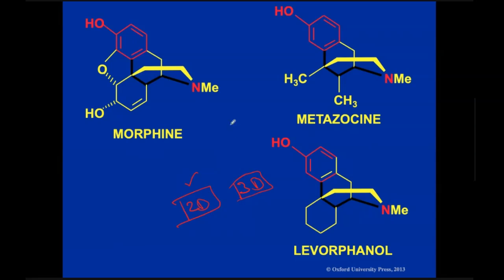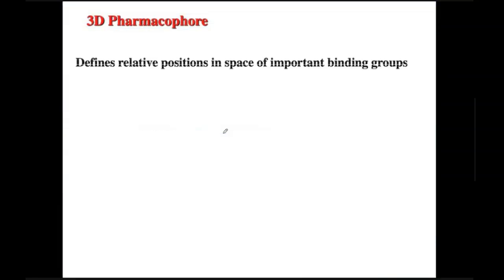But what we are interested in is whether that position is retained in the same three-dimensional space or not. That is very important for having very similar biological activity in the derivatives. That is what we normally study in 3D pharmacophore, right?